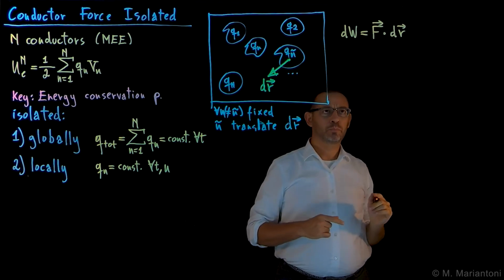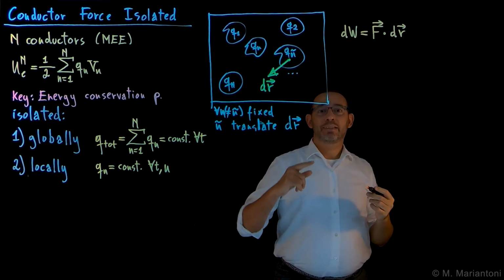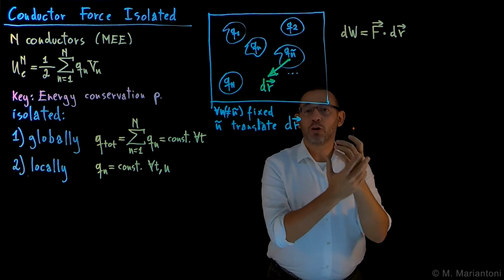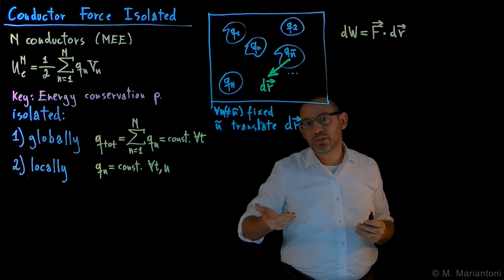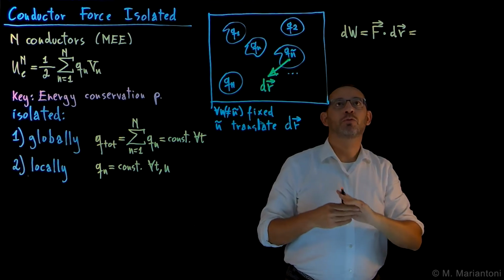This makes sense. In addition, we know that the work of the internal forces has to be equal to minus the differential of the electrostatic energy, since we are looking only at the differential quantity of this work.